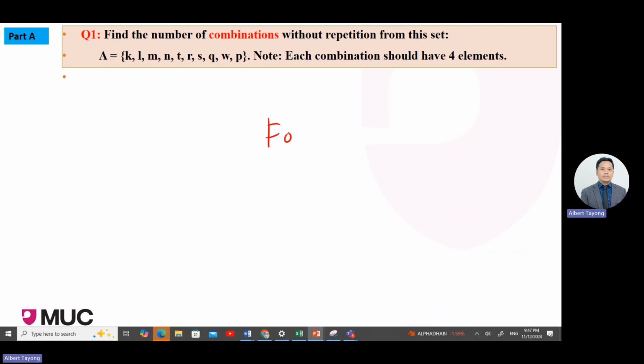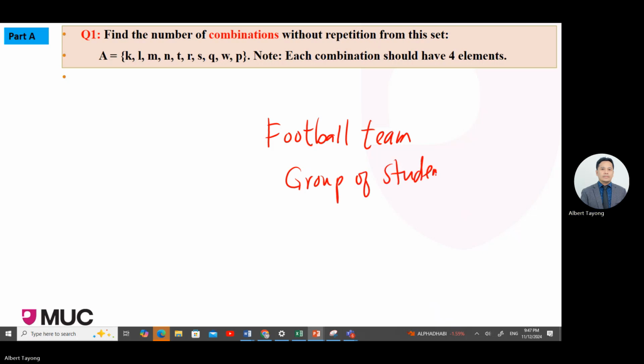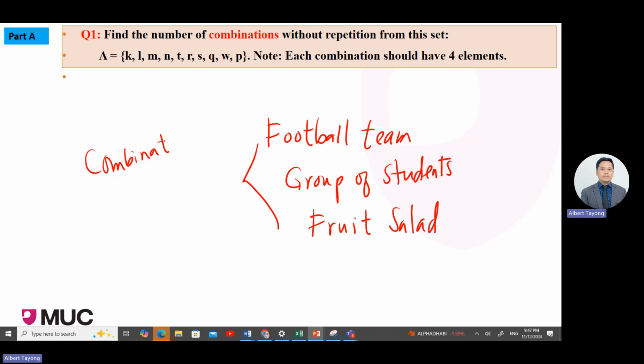Let me just rewrite it. Football team, group of students, and fruit salad. These are examples of combinations without repetition.